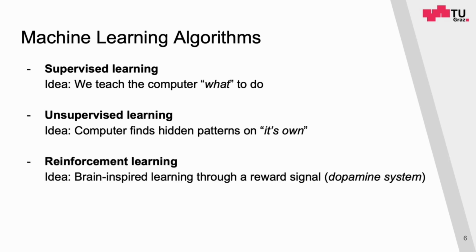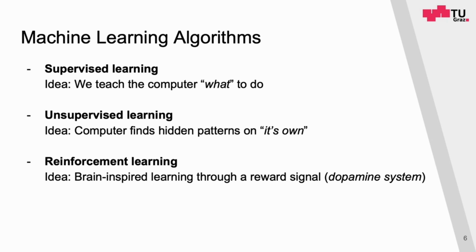And the last field is called reinforcement learning. The idea behind reinforcement learning is that it's inspired by the brain, by how humans learn through a reward signal, which in our human brains is a dopamine system. Each time we do something right, we get a dopamine kick in our brain, which is a reward signal.